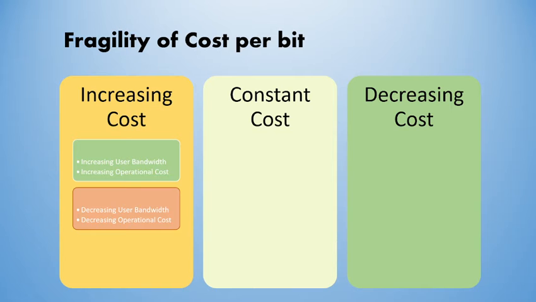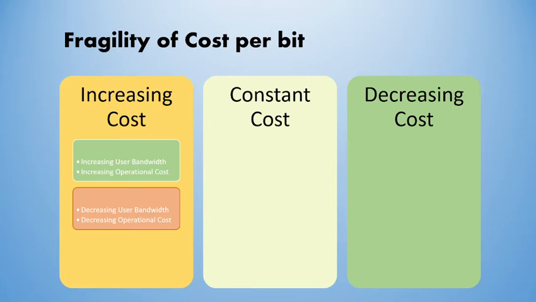But you can have a very different kind of scenario. For example, user bandwidth usage is decreasing, and your operational cost is also decreasing, but the overall impact per bit is still on the increasing side. This is a place where you should look into the reason.